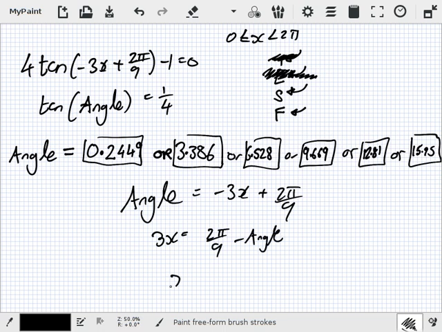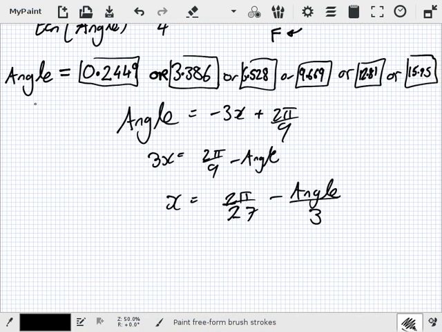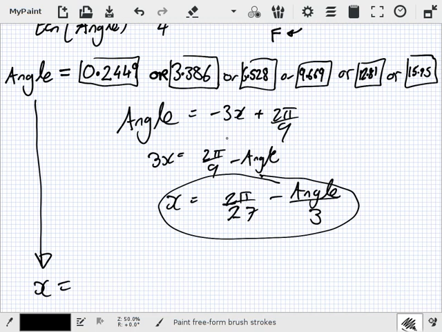So that means x will equal 2 pi over 27 minus the angle over 3. In other words, if you take these 6 answers and do 2 pi over 27 minus the answer over 3, you get the value of x.